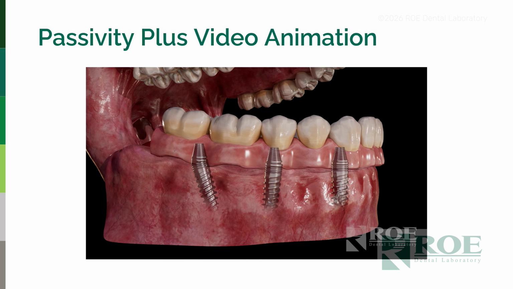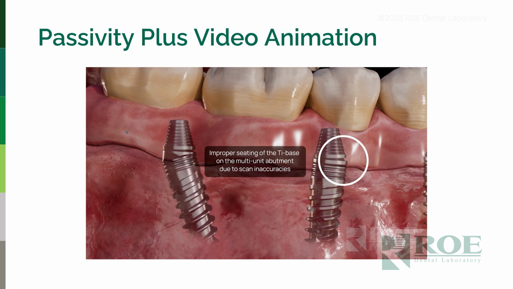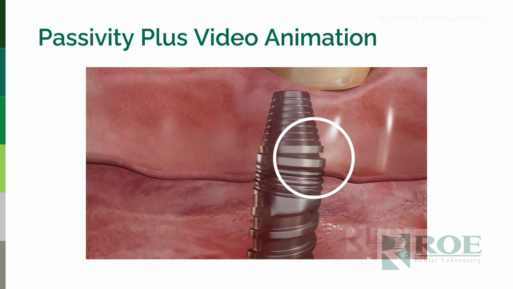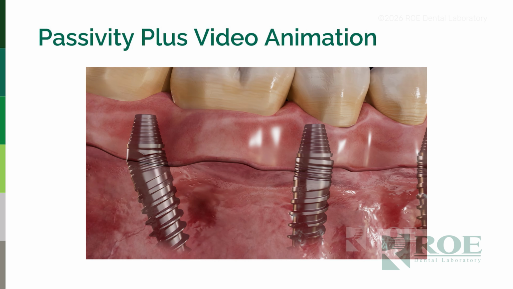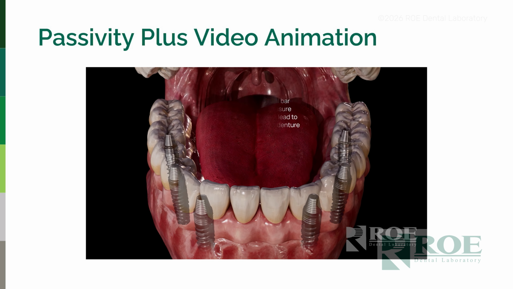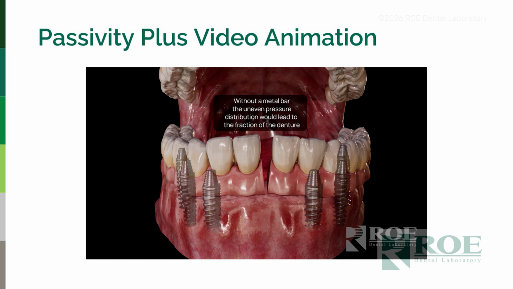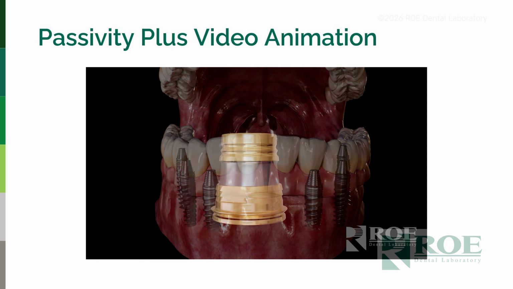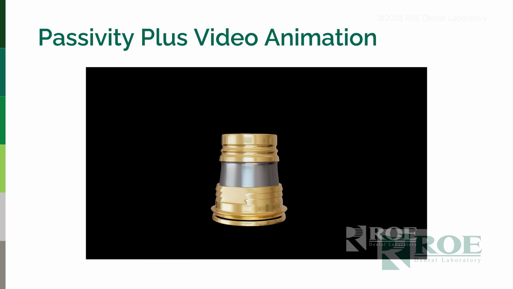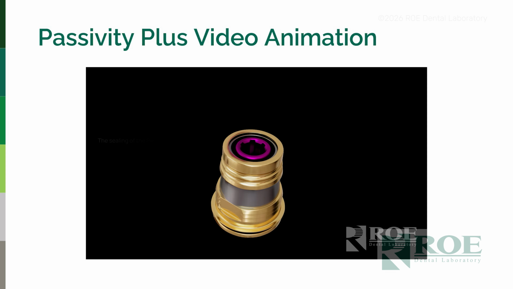And here we have potentially a bridge made from that data set, and we would be almost 100% sure that there's going to be a misfit using that technique. And you can see here how the tie base is sitting up off the MUA, and that whenever the prosthesis is screwed in creates that tension, and that can lead, as we've already said, to fracture or even worse, potentially implant failure. So this is where the Passivity Plus tie base comes into play.